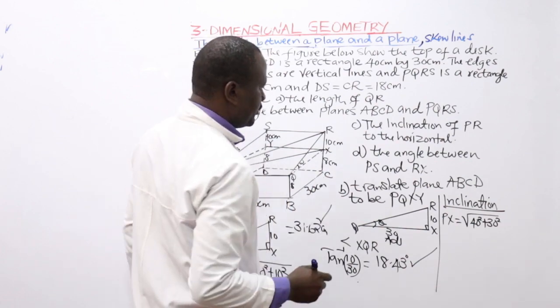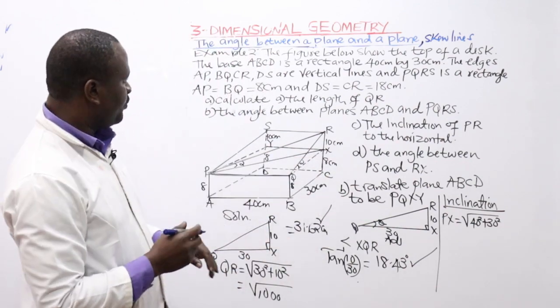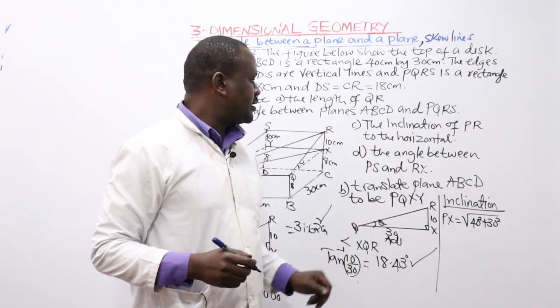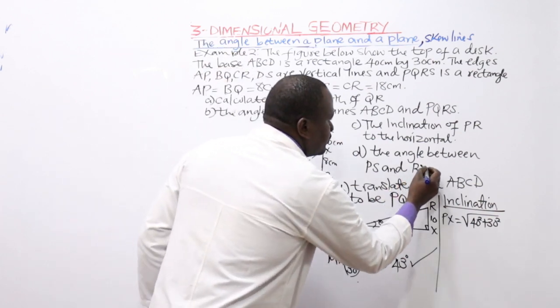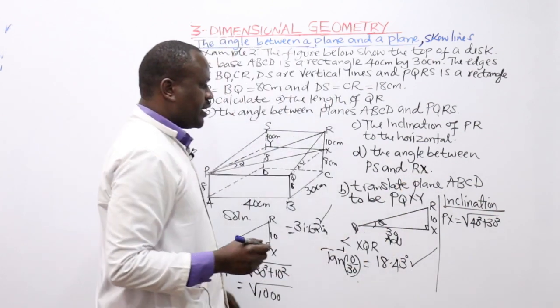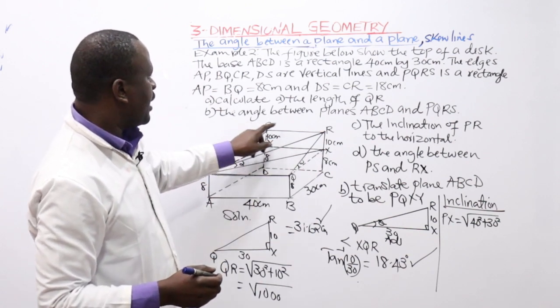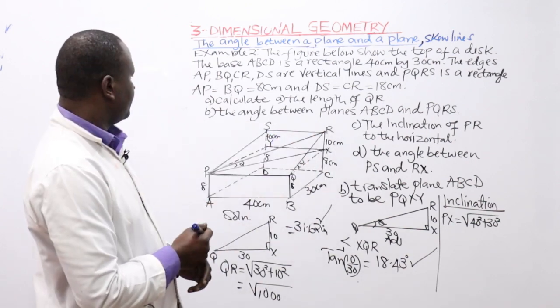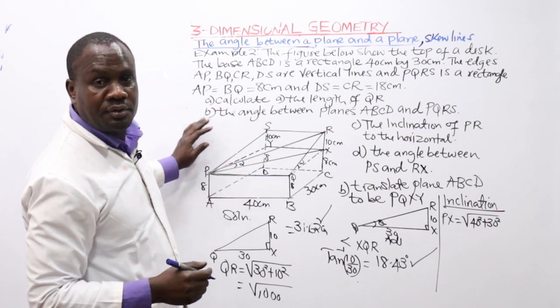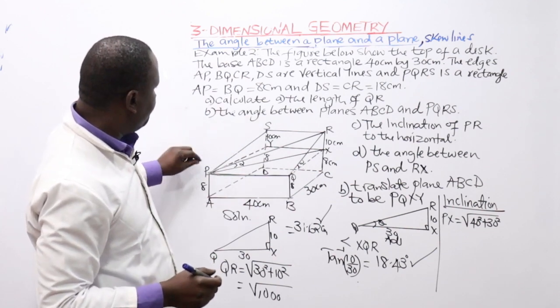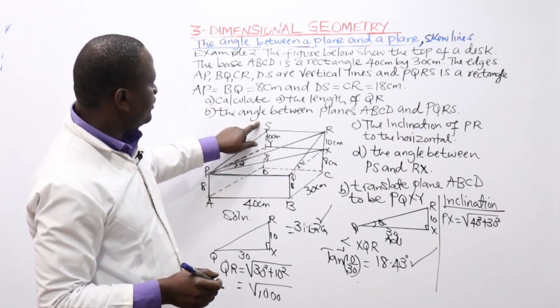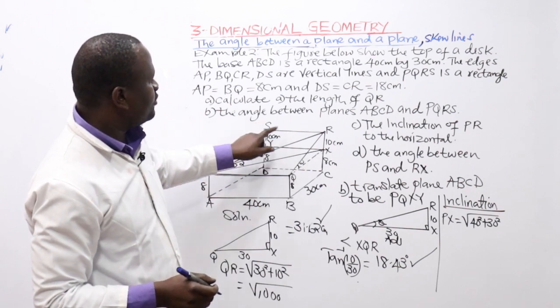Now, part D. So I'm leaving you with some work to do. The angle between PS and RX. Now, you see, these are skew lines because PS is not attached to RX.